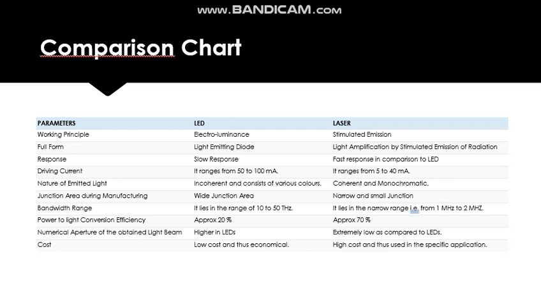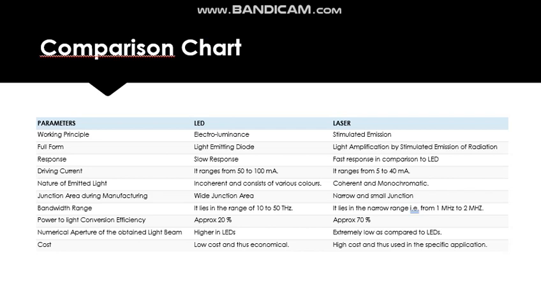Comparison chart. Parameters: working principle, LED: electroluminescence, laser: stimulated emission. Full form: LED is light emitting diode, laser is light amplification by stimulated emission of radiation. Response: LED has slow response, laser has fast response in comparison to LED.